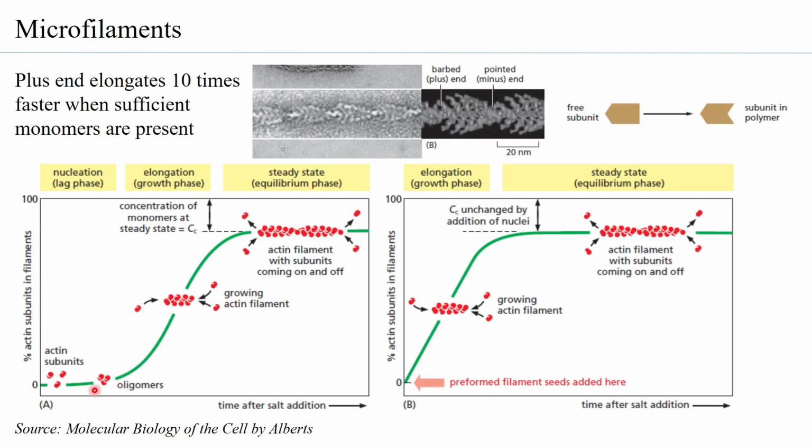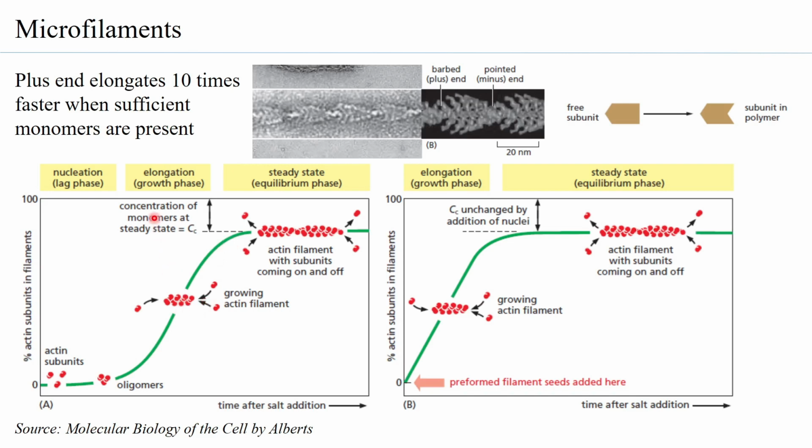So as you can see over here, during the lag phase, the nucleation takes place, and once the nucleation has taken place, then you can see how you have the actin filament growing. And this growth of the actin filament will continue as long as there is a higher concentration of monomers.